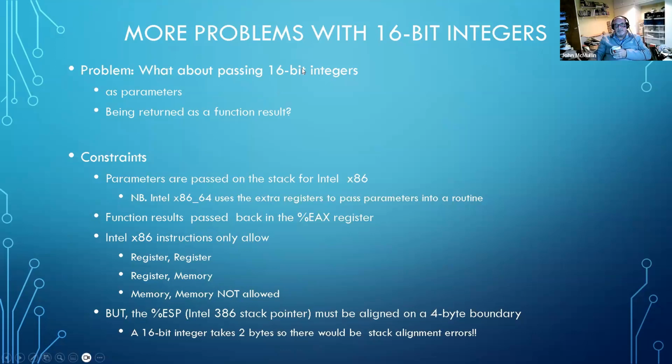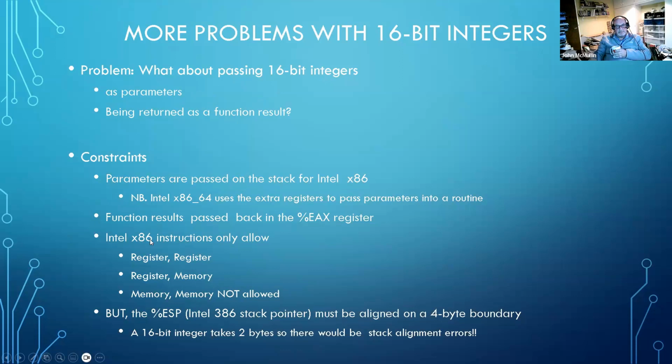So, other problems. If you're passing 16-bit integers as a parameter or being returned as a function result, danger. Parameters are passed on the stack for Intel. This is for the Intel x86, not for 64-bit. So it's a 32-bit set that uses the stack. And then the function results get passed back in the EAX register.